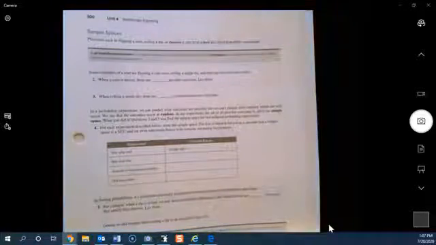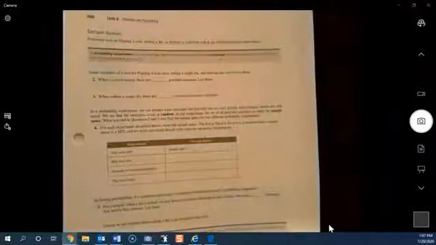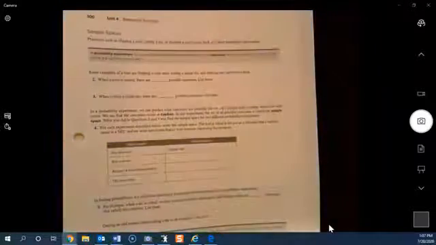A probability experiment is a process that leads to well-defined results called outcomes. An outcome is the result of a single trial of a probability experiment. Some examples of a trial are flipping a coin once, rolling a single die, and drawing one card from a deck.